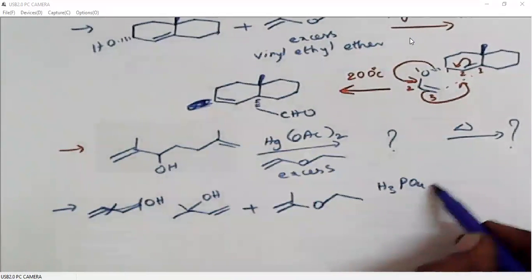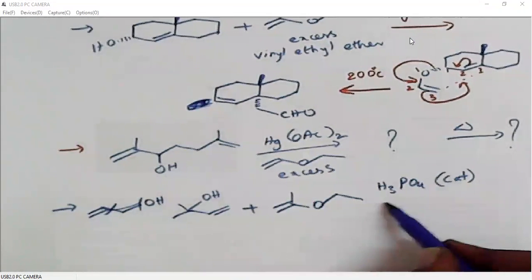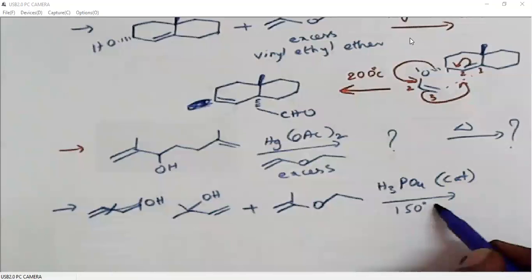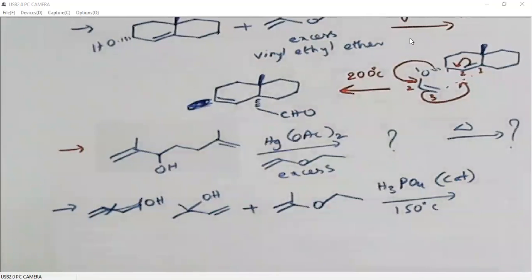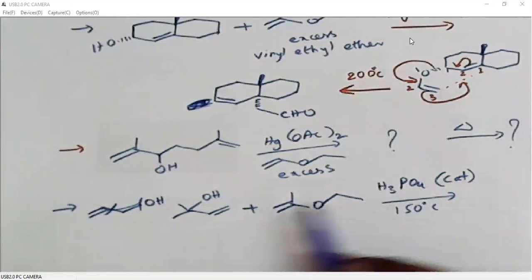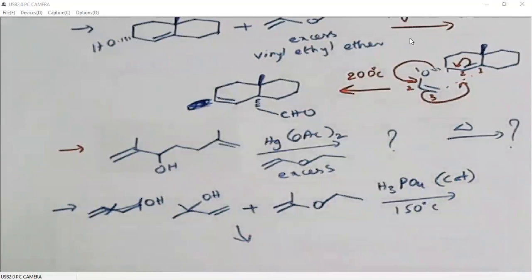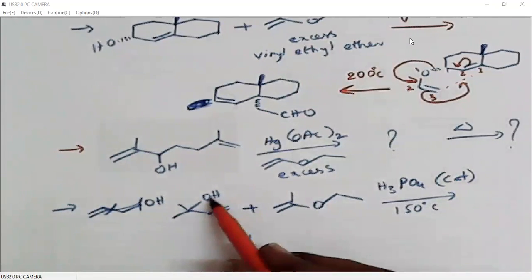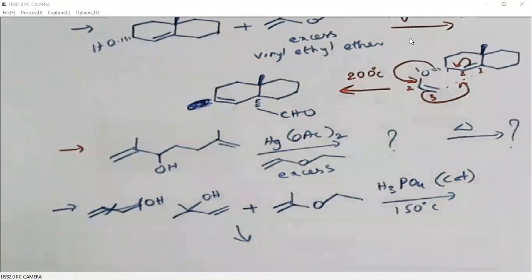This is an in situ reaction, right? Here we don't need to separate the vinylation product and then treat it for pericyclic reactions. When we treat this with phosphoric acid, it undergoes ether formation, vinylation of this alcohol. So this is the substrate.